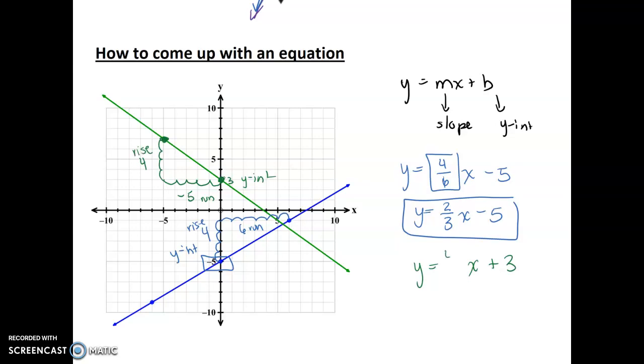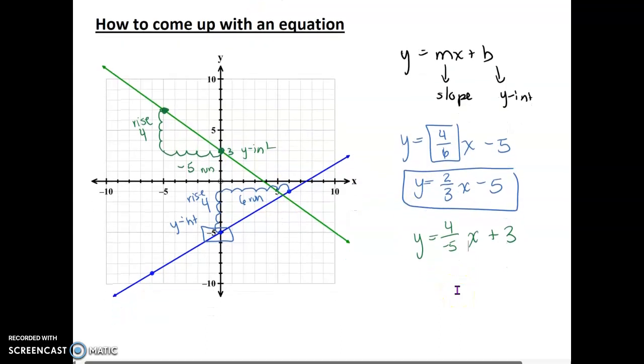So I'm going to do positive 4 over -5. Remember, it doesn't matter if the negative is on the bottom or the top. It means the same thing. I can't reduce it, but we just like that negative in front. So -4/5 x plus 3. And that makes sense for this line equation because it is a downward slope.